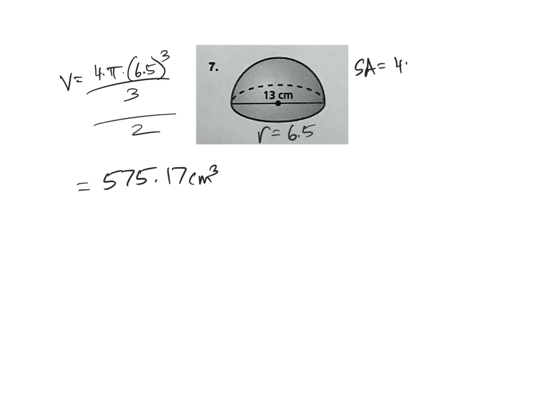Now we do surface area, and it's weird because it's half of a sphere. So 4 times pi times r squared. We're going to divide it by 2, and then we're going to add the base circle. So 6.5 squared times pi times 4 is 530 divided by 2 gives us 265.464792 plus 6.5 squared times pi, which is 132.7 dot dot dot.